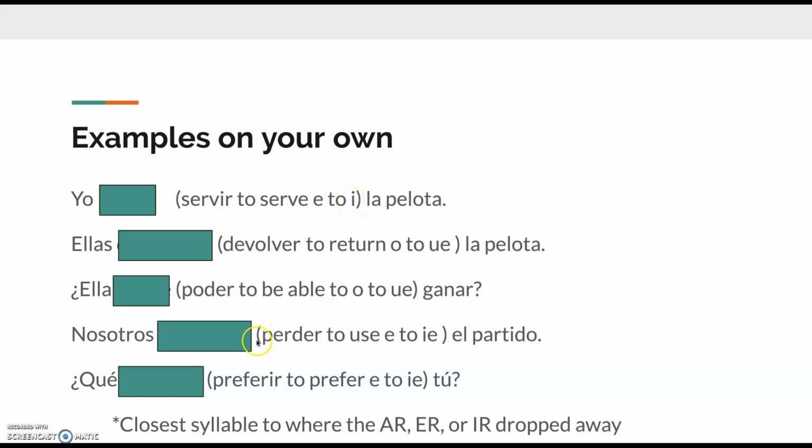Looking at the bottom where you have preferir, to prefer, E to IE, it tells you that the syllable closest to where AR, ER, or IR dropped away is the syllable where you're changing. So in the case of preferir, it's not this first E, but rather the second E that you'll be changing from E to IE. Pause the lesson here and try these examples on your own.